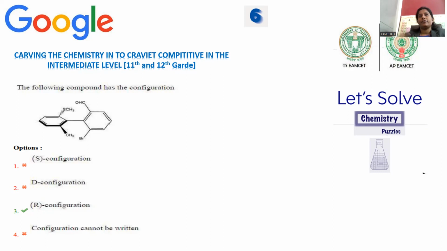One more kind of configuration we can notice is dextro and levo, regarding the direction of rotation. A compound rotating clockwise in plane polarized light is called dextrorotatory. Anti-clockwise is called levorotatory. In addition to all this, we have another kind of nomenclature in stereochemistry.